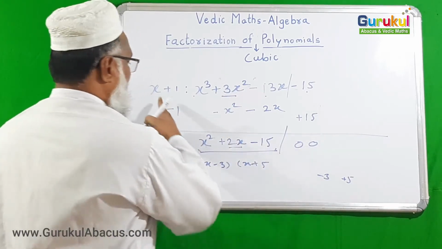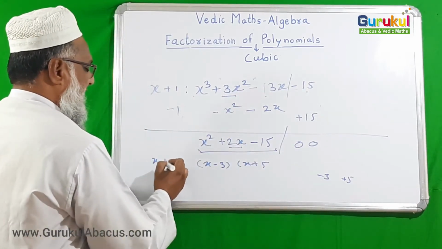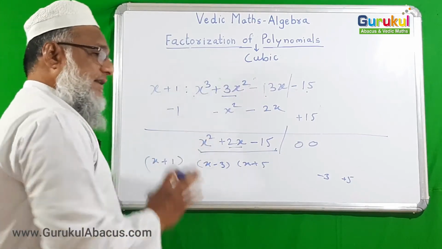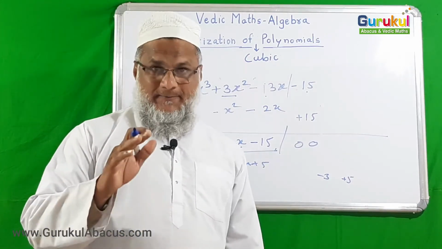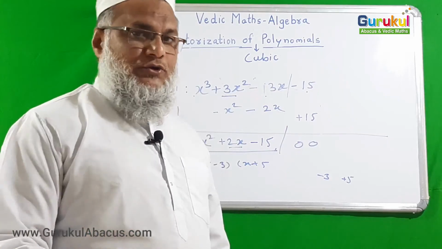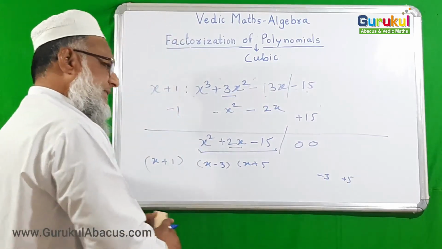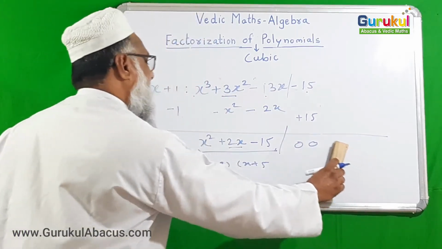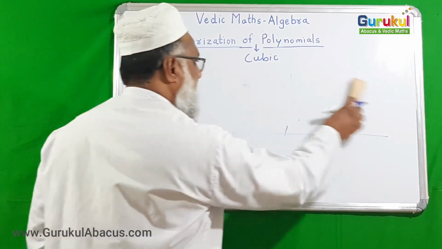We did just this here, and we know one of them is x plus 1. That's it. In that way also we can solve, it is one method. You should know this alternative method, so I am just telling. If necessary, then only try it, else not. Sometimes it can be necessary for you.